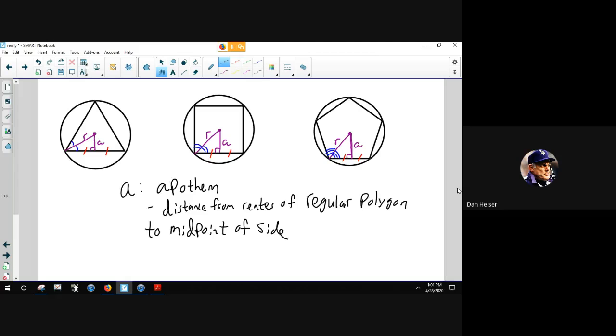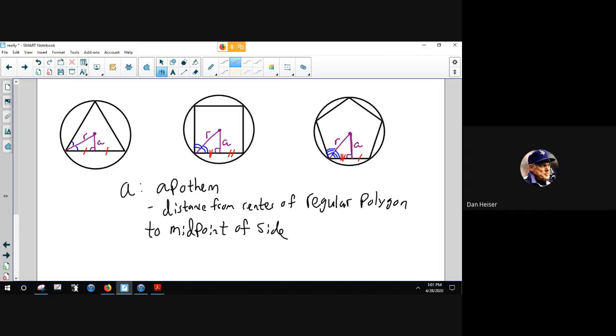And an apothem is going to be a necessary component of what we're going to do in a little bit. Again, notice that when I draw in the apothem, this entire length gets cut into 2 equal pieces, 2 equal pieces, 2 equal pieces.